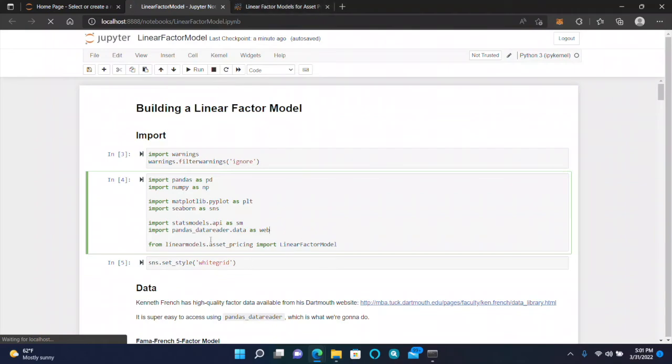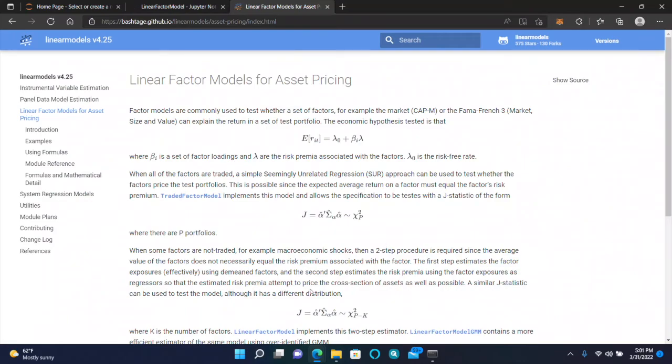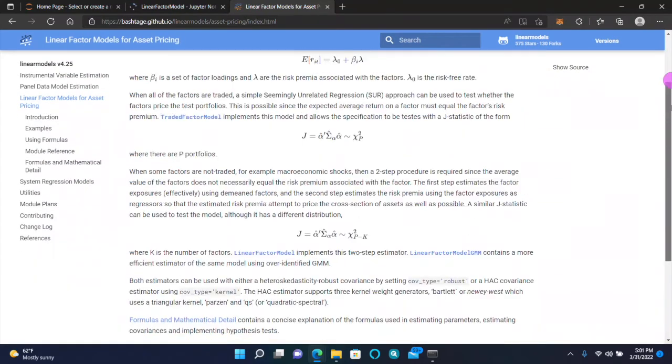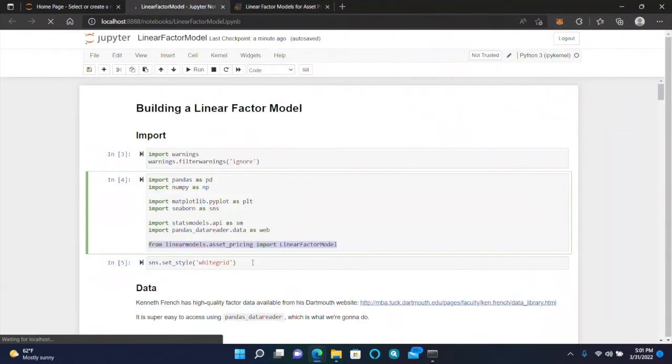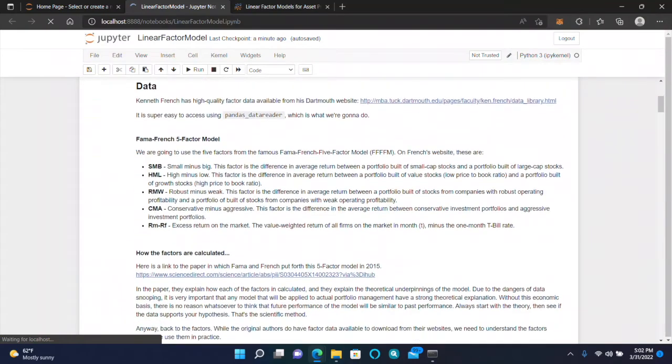We're going to go through this whole thing manually, and then we'll show you another function from this linearmodels package that will run this Fama-Macbeth regression automatically, very easily. Now, Kenneth French has some great factor data available from his website. There's a link down here, and you can pull it in with the pandas data reader API super easily.